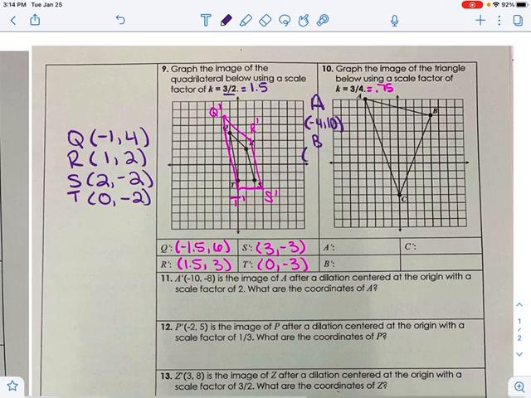B is at (4, 8). And C is at (0, -4). And what I'm going to do is multiply 0.75 to every number. And when I do, I get (-3, 7.5), then (3, 6), and (0, -3).